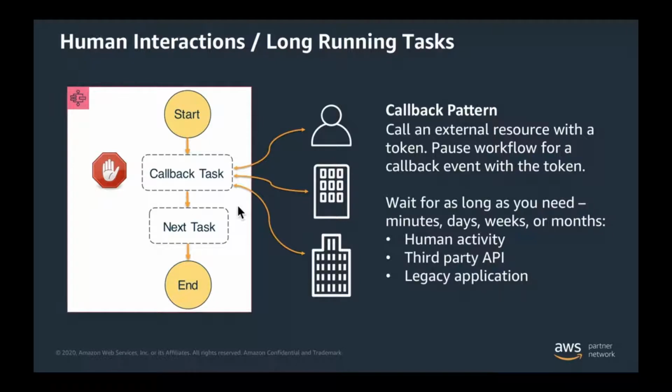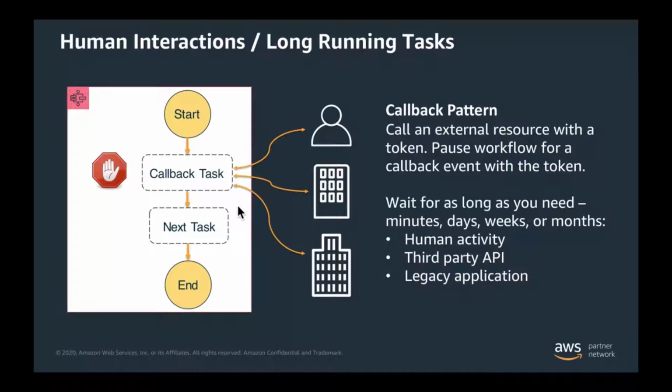Human interactions. So a lot of people, last year we launched something called the Callback Pattern. And this is a way to interact with external resources. So this could be like on-premise systems. It could be like an EC2 instance that's doing processing for you, or it could be a person. What happens is that when you invoke a service integration, such as Lambda or ECS, it will generate a unique token, and that unique token is passed to the downstream service.